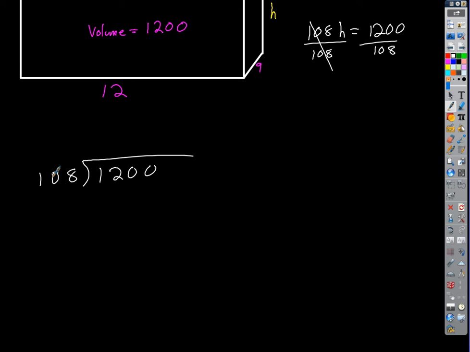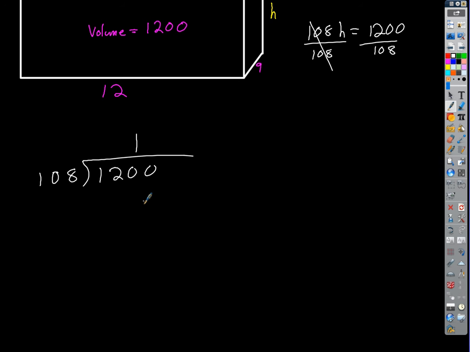Now, how do we do this? We can go over as many digits as we need to until the number outside, the denominator, divides in at least one time. It doesn't have to go in evenly. But 108 goes into 120 once, then what?